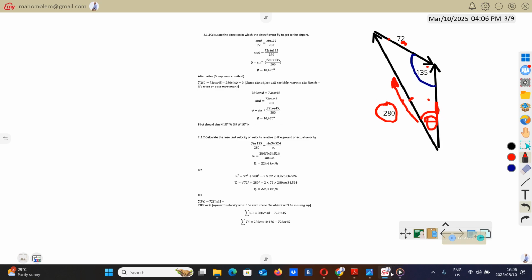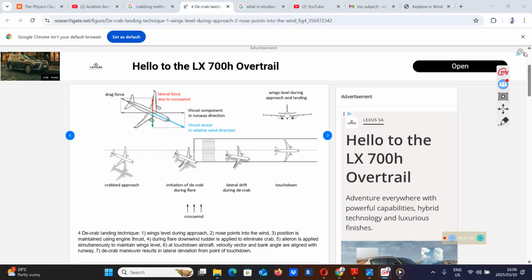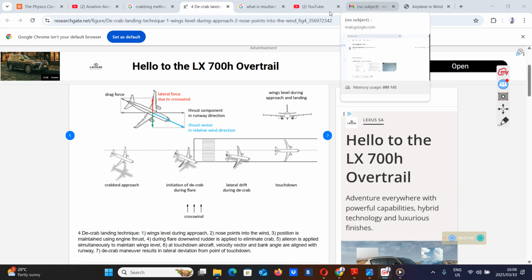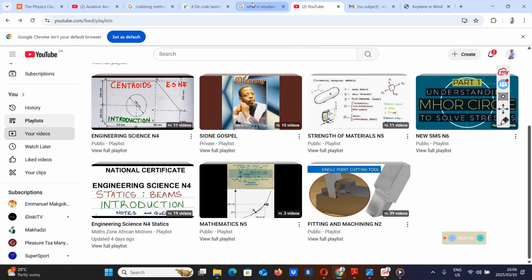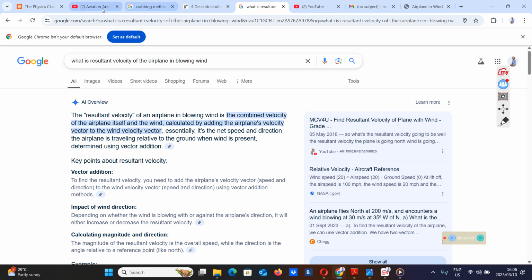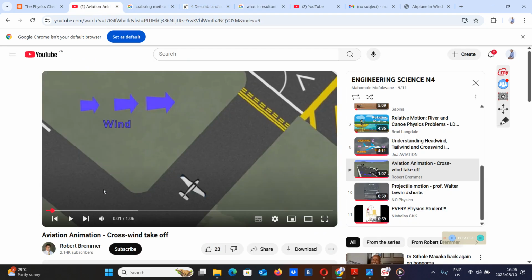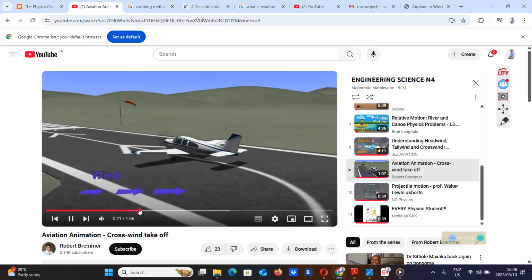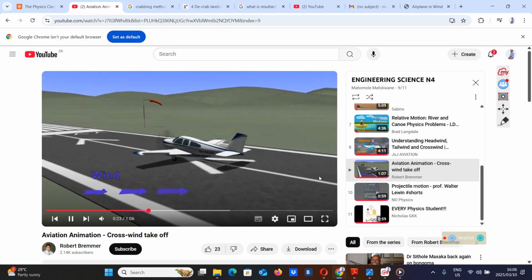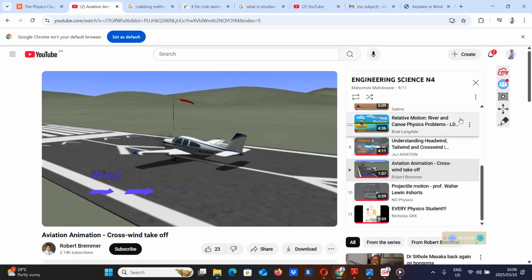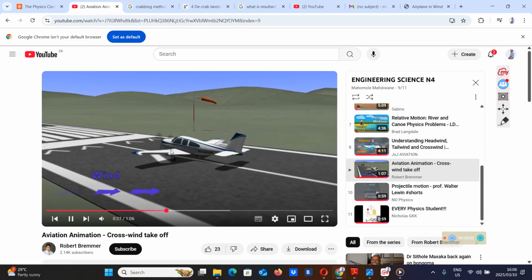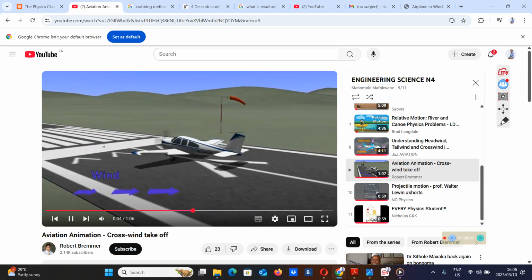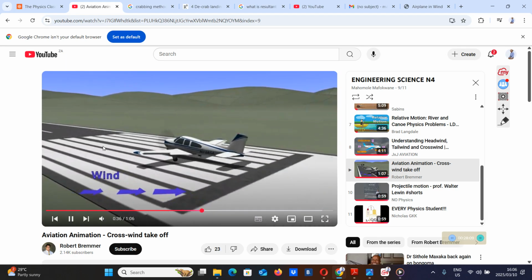Let me show you this. Let us check this thing here. At the moment it's moving straight, moving straight, moving straight.